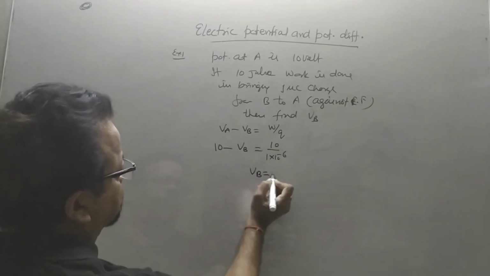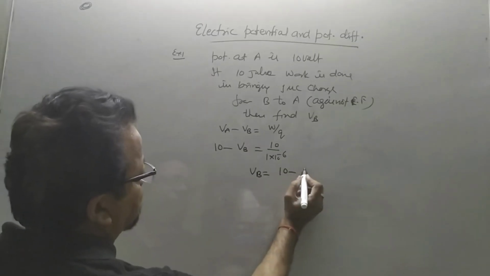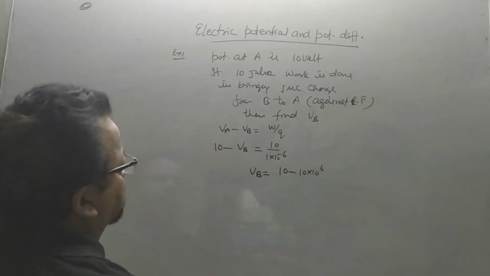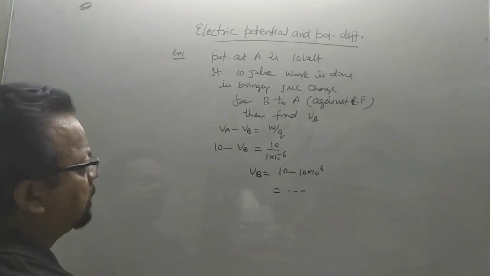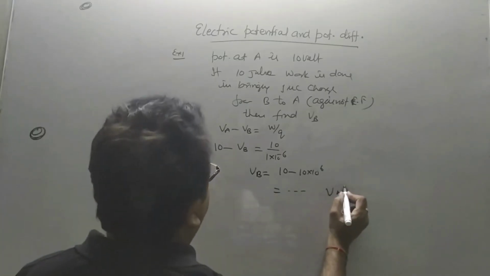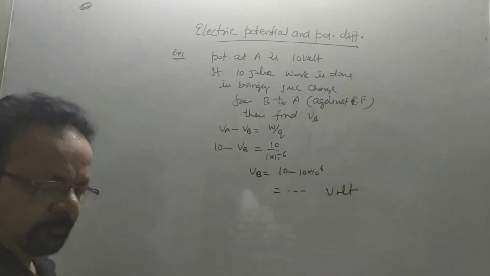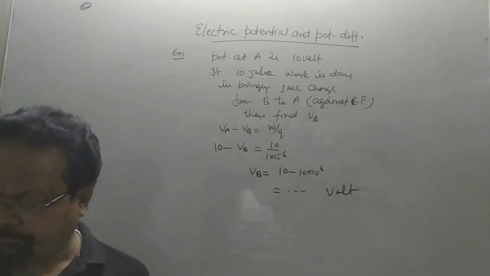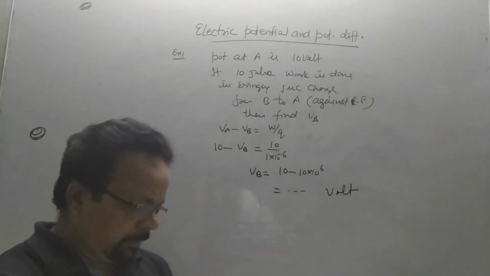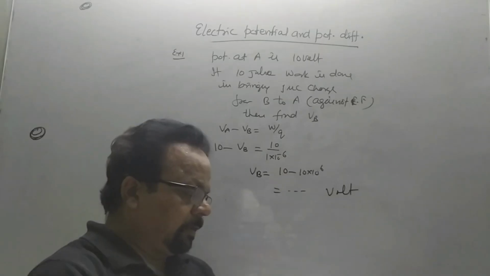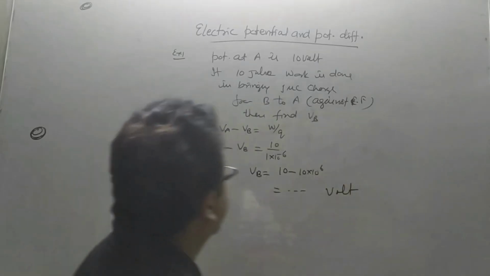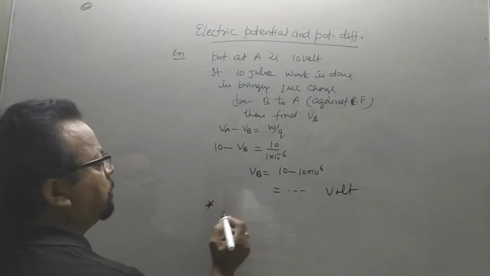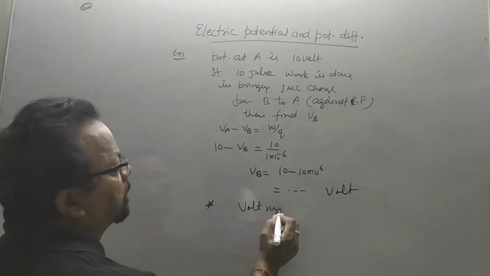VB is equal to 10 minus 10 into 10 to the power 6 volt. Very simple. Potential difference between 2 points is measured by a device known as voltmeter.